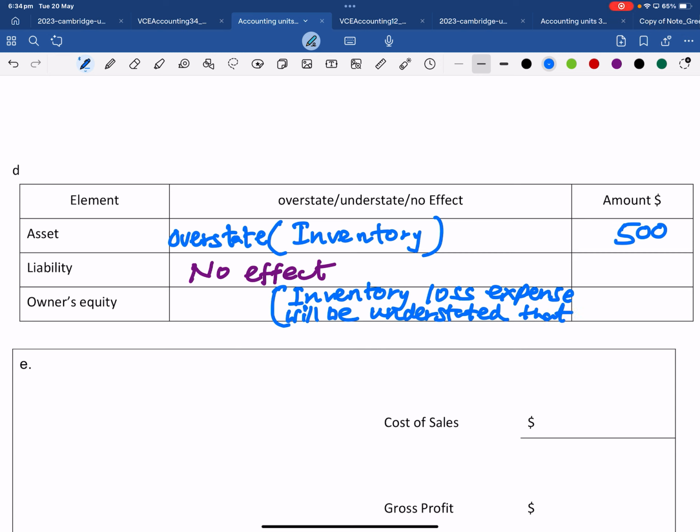That overstates net profit. How much? 500. Now we know, of course, owner's equity will be overstated.